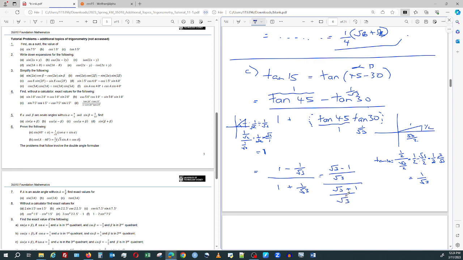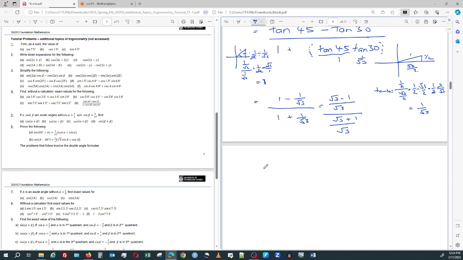Okay, so we're just going to finish that off a little bit easier. So what we've got is root 3 minus 1 over root 3 divided by root 3 plus 1 over root 3. Yes, I know. You could have done it in one step, but I need to work it out.